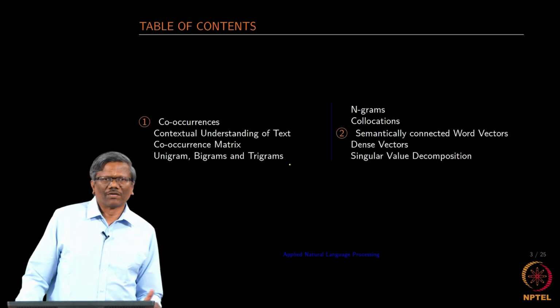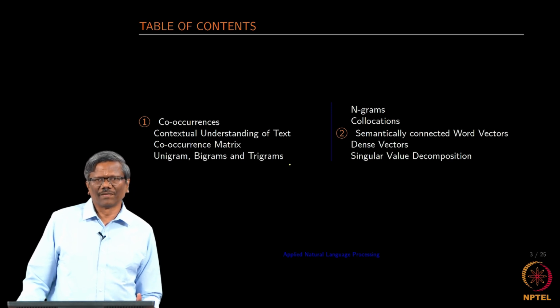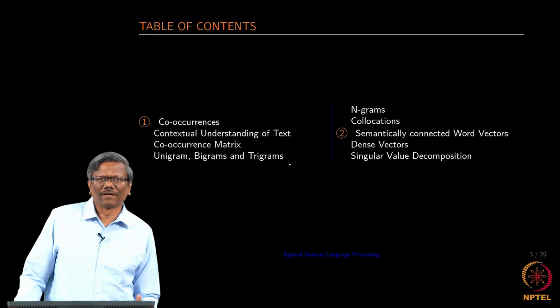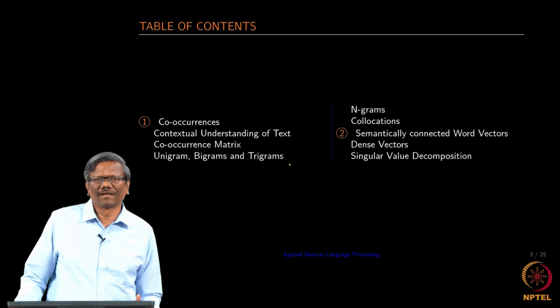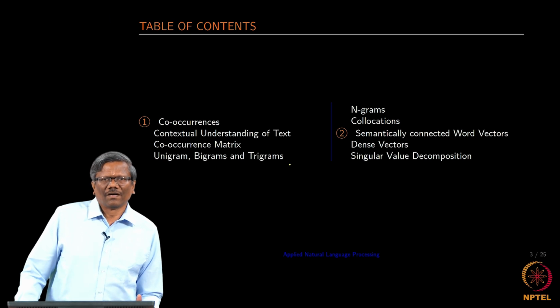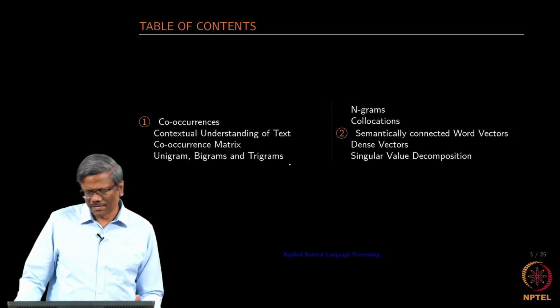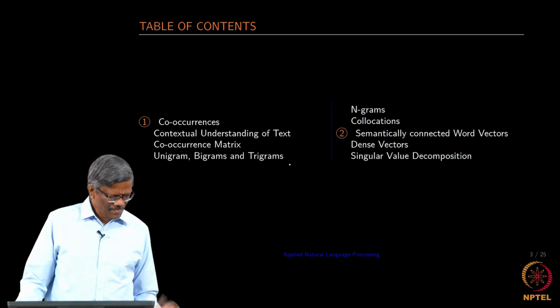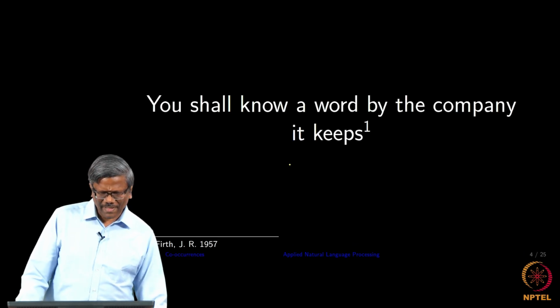We will talk about unigram, bigrams, and trigrams or n-grams, and then we will see how we can create semantically connected vectors using dense vector formation, using one of the techniques from singular value decomposition. Okay, let's go to the next slide.